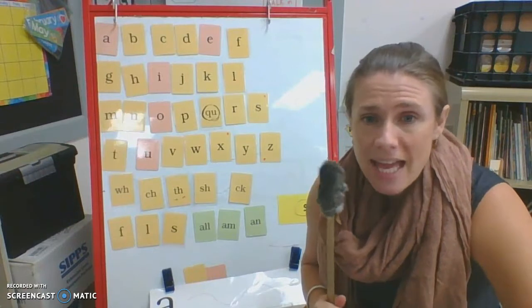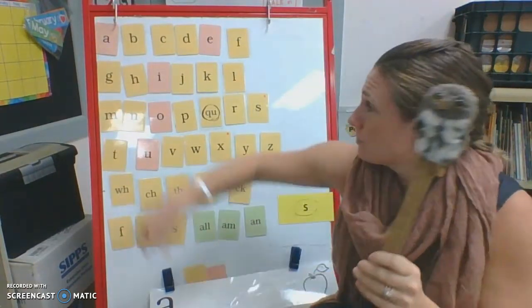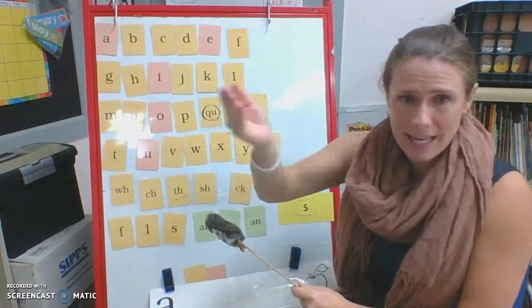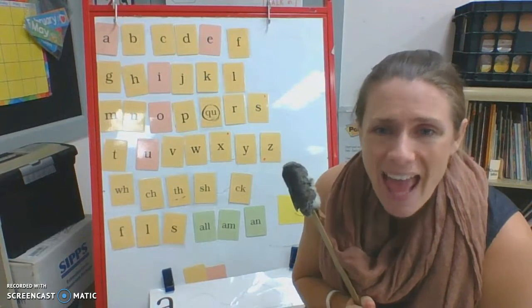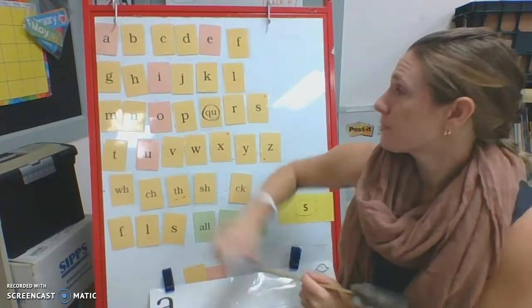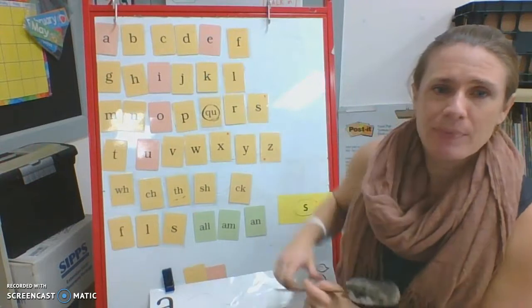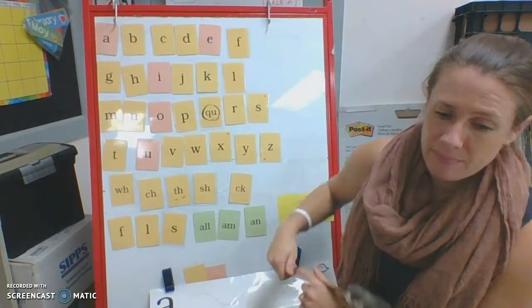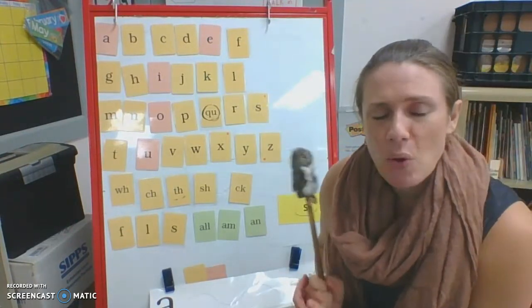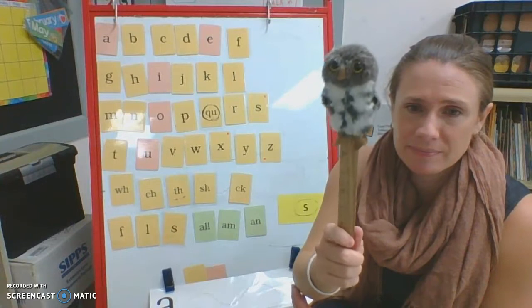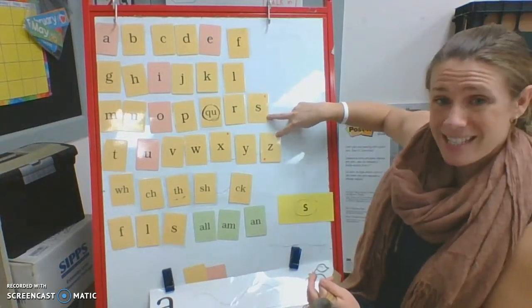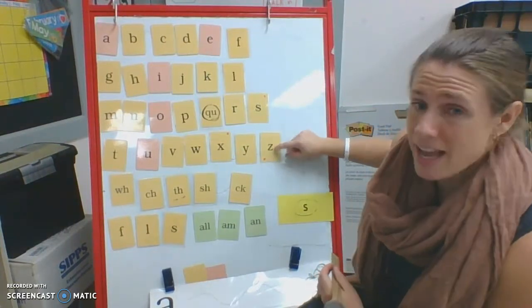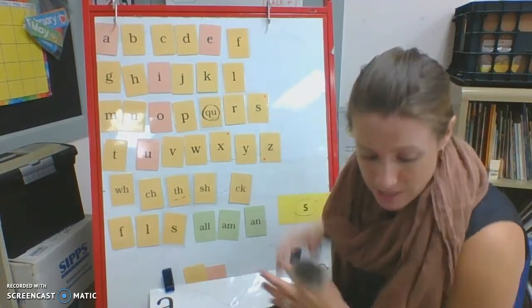So what says B? Say it out loud. What says B? B. Point to it and say it out loud to me. What says eh? E. What says s? F. What says z? S and Z. Make sure you point to both because Z can say Z and S can say Z, like in bugs.